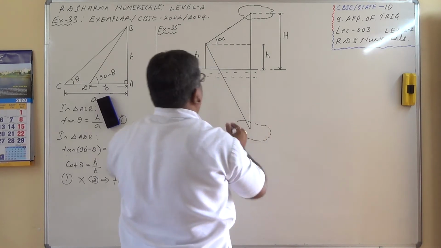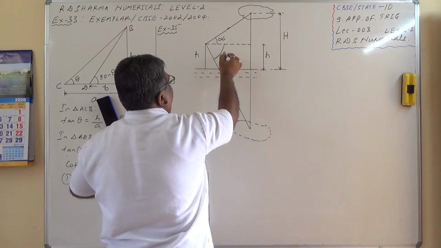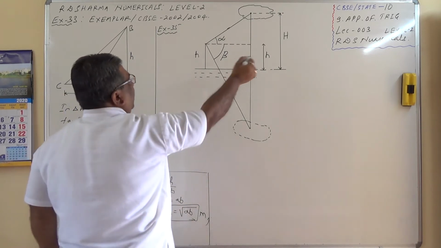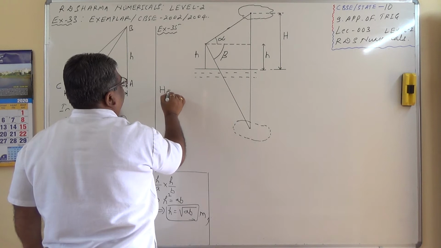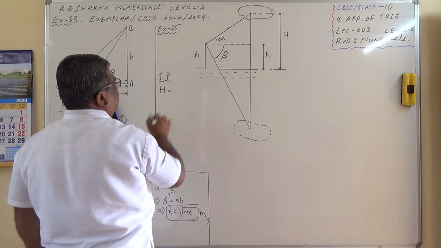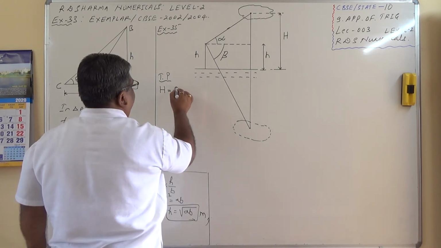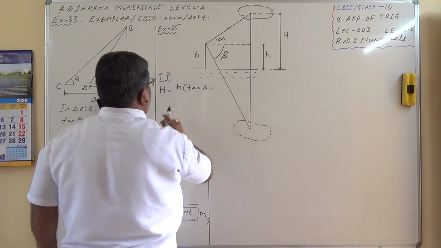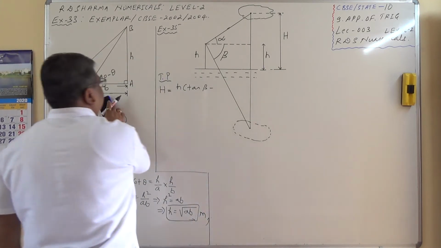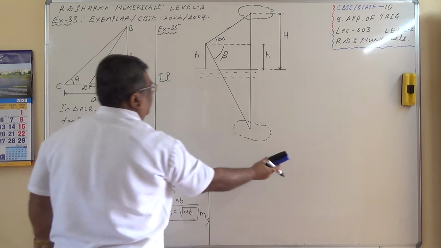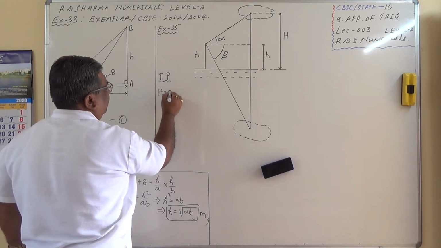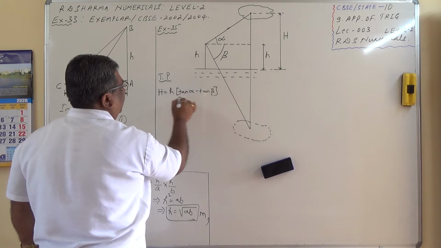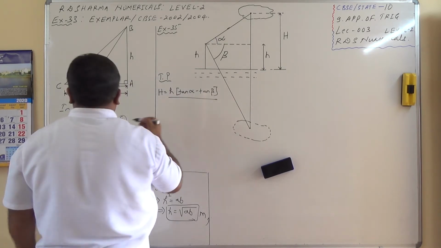What we need to prove here is that the height of the cloud above the surface, H, equals h into tan beta plus tan alpha, the whole divided by tan beta minus tan alpha.